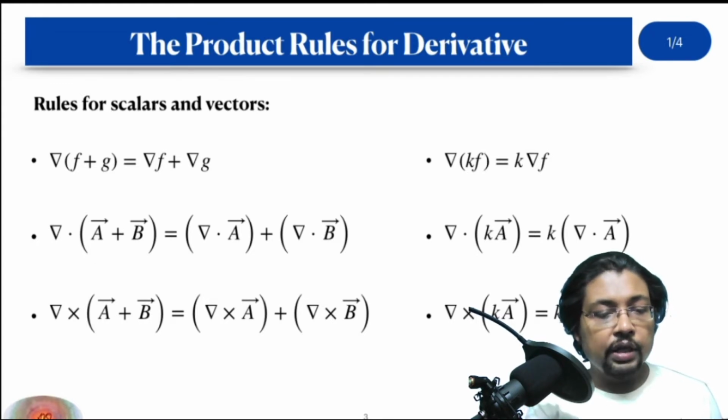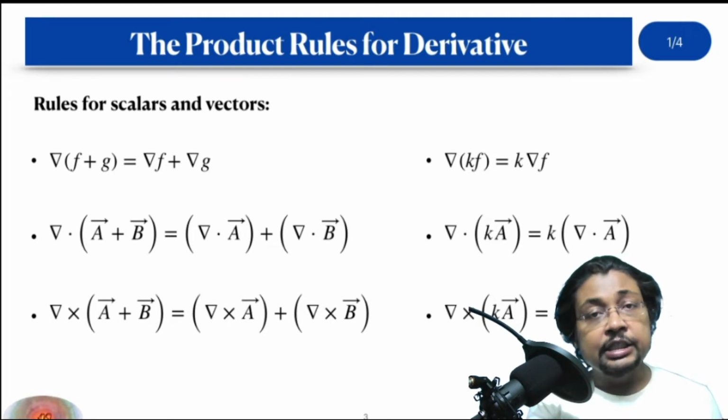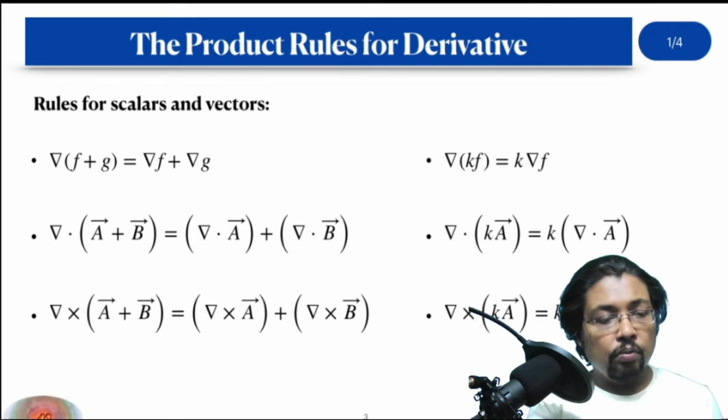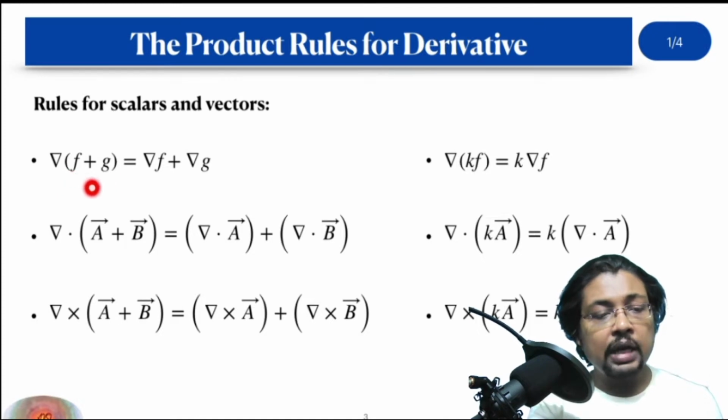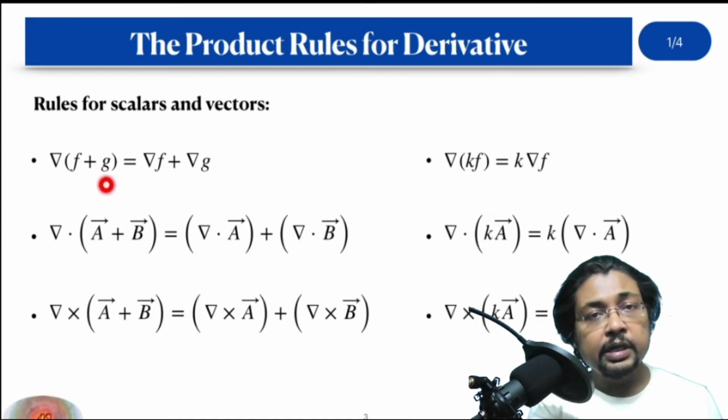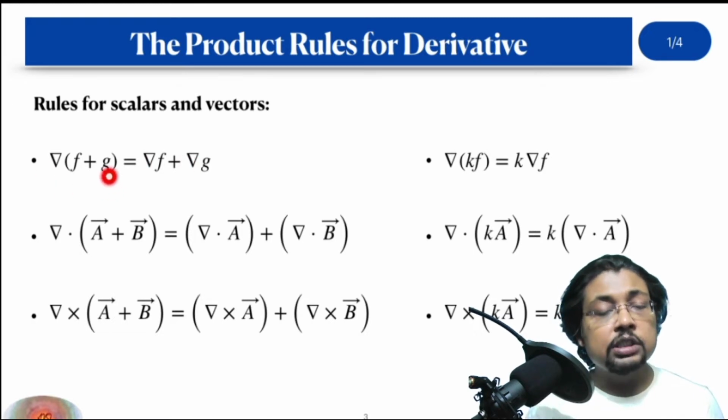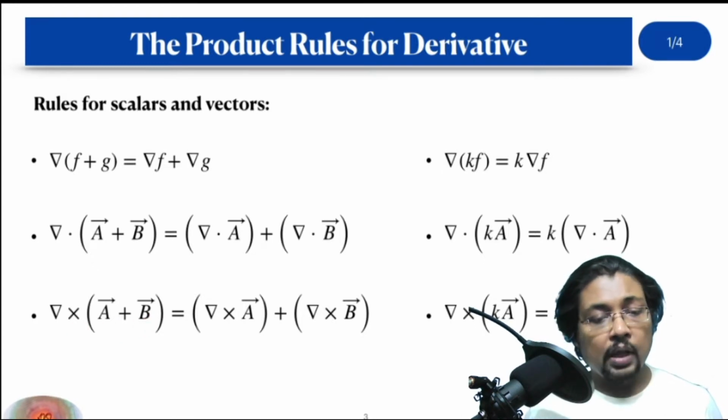As you can see over here, the gradient is distributive in nature, because if you apply gradient over a summation of two scalar quantities, then you can apply this gradient separately to each of these scalar functions. So this property is called the distributive property. Similarly, the divergence and curl follow the distributive property.